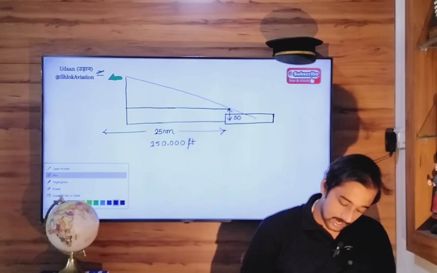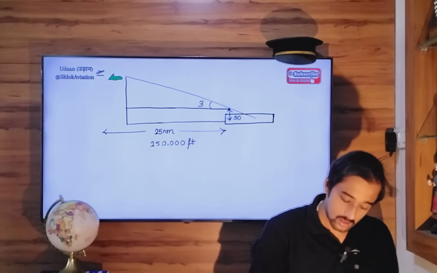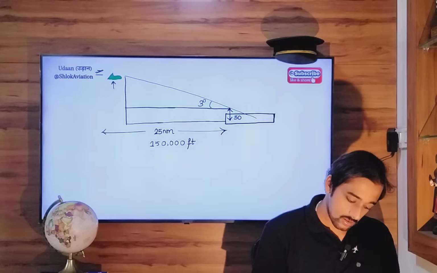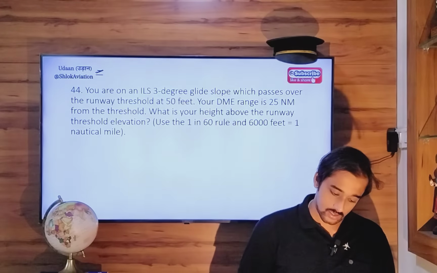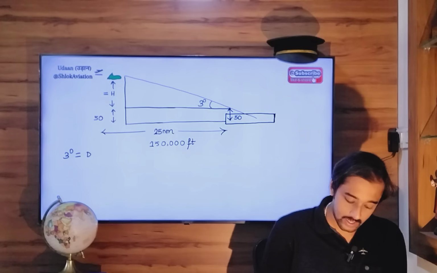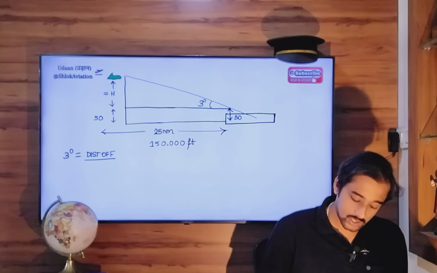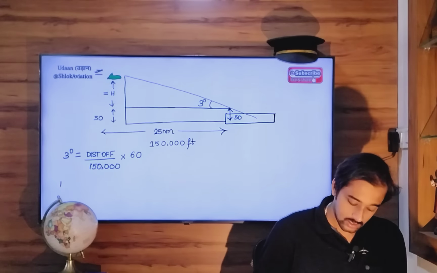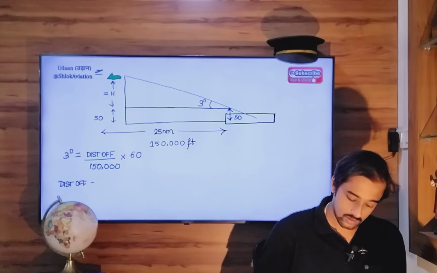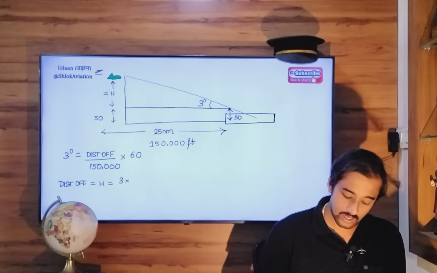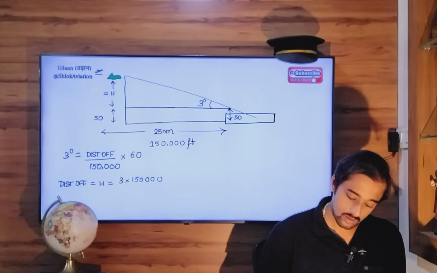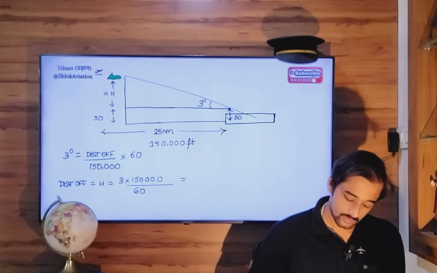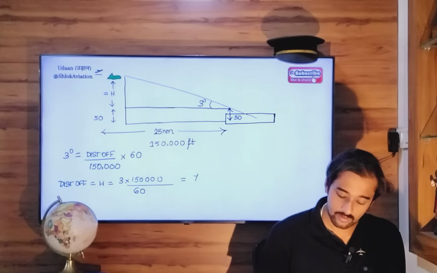So now this is a 3-degree glide slope. The distance is 150,000. You have to find this height, this vertical distance. 3 degree equals distance of track, that is height, divided by distance gone, that is 150,000 into 60. So height is equal to 3 into 150,000 by 60, which is equal to 7,500.